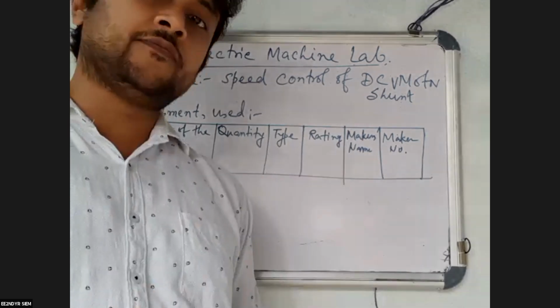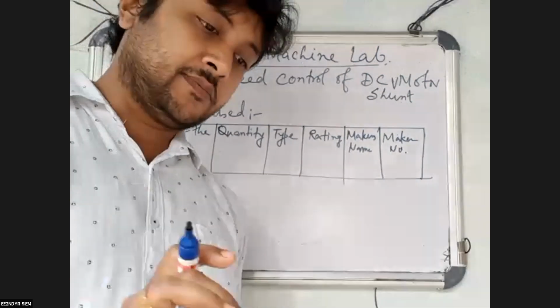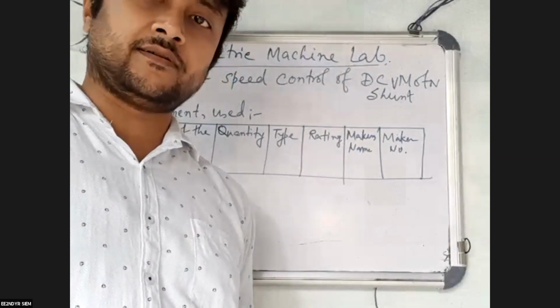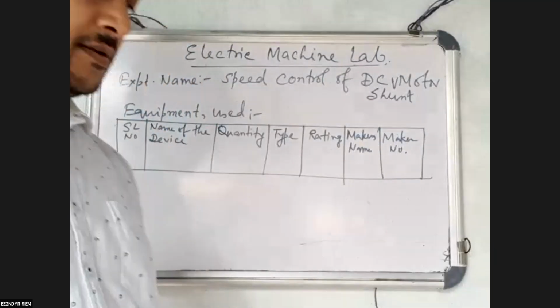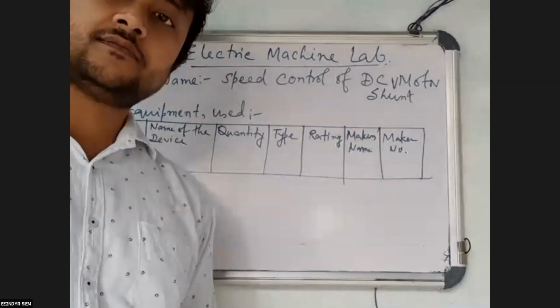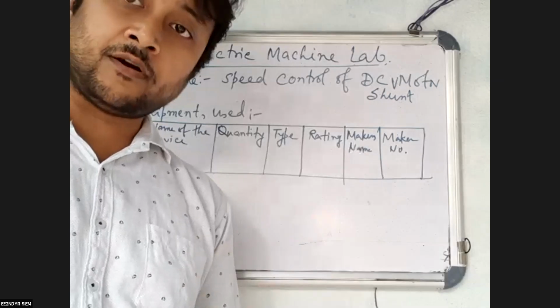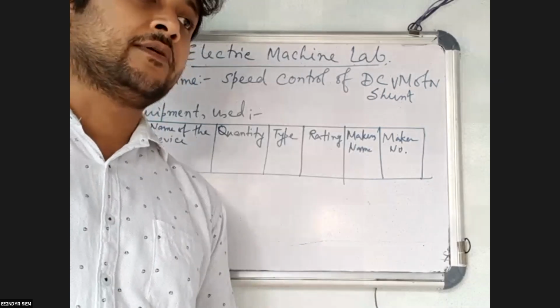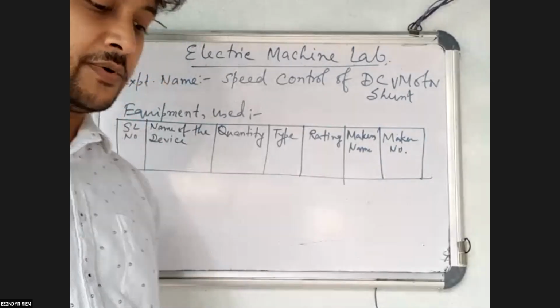While you physically come to the college, you will see that in the DC machine the maker's name is written there. So that particular component name you have to write. What kinds of multimeters you are using, and what kind of tachogenerator or tachometers you are using for measuring the speed, that is also important.